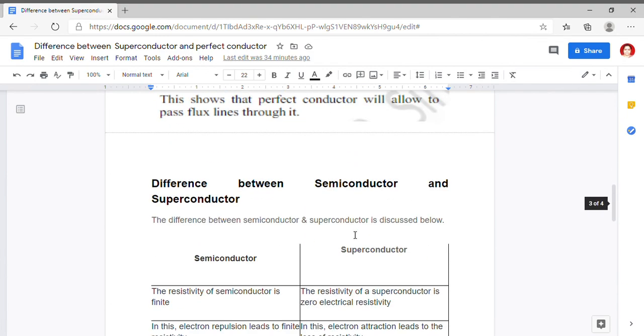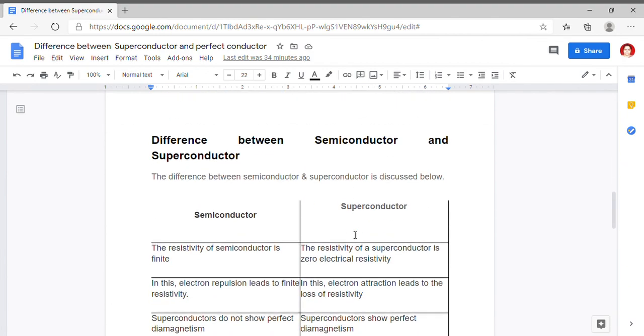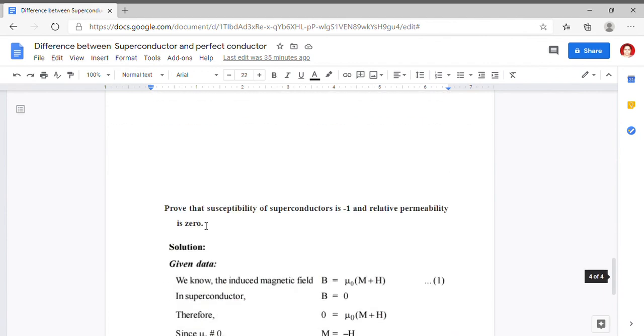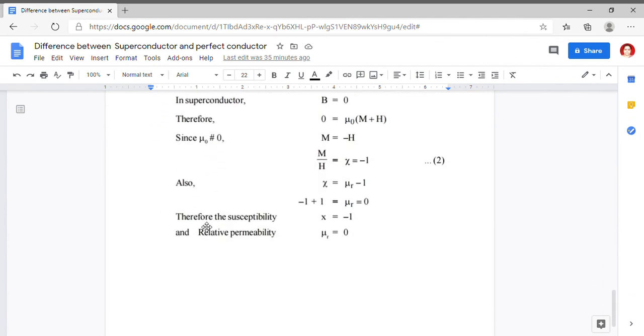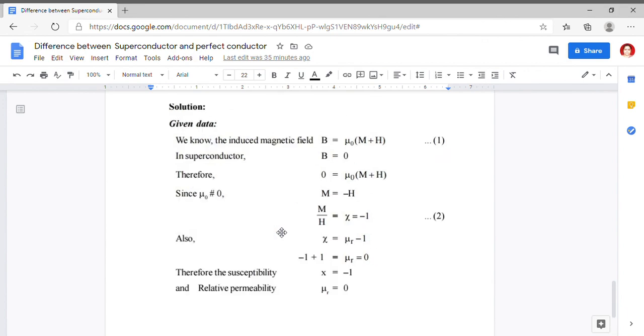And superconductor is also different from semiconductors. The resistivity of semiconductors is finite, whereas superconductors have zero resistivity and they are diamagnetic, whereas semiconductors do not show diamagnetism. And superconductors have susceptibility equal to minus 1 and relative permeability 0.